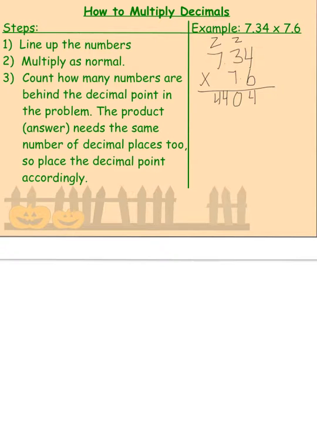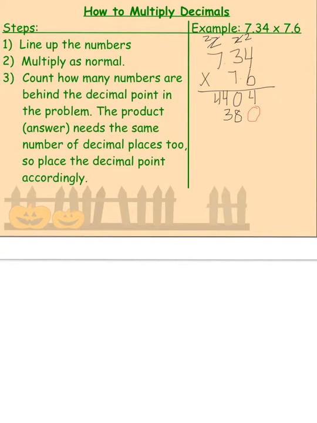Some students will forget this next step. Remember, when we move over to the 7, we have to put in a placeholder here, because really it's like we're taking 70 times 4. So we're going to do 7 times 4, which is 28. Putting my 8, putting a new 2 there. 7 times 3 is 21, plus 2 is 23.